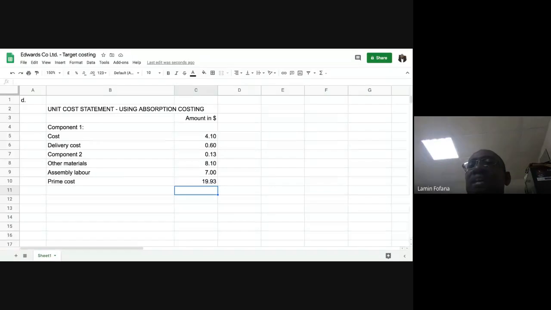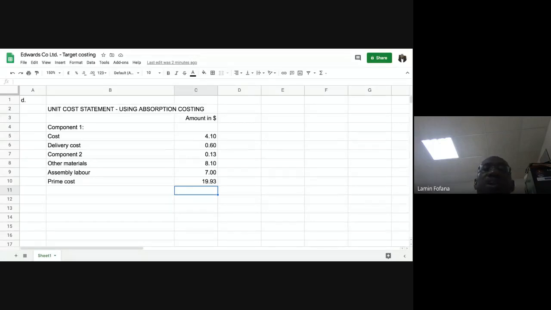So like I said, if you are in a situation whereby the question gives you more than one activity level, with their respective total overheads, the first thing that should come to your mind is that these overheads are step costs, or mixed overheads, or semi-variable overheads.